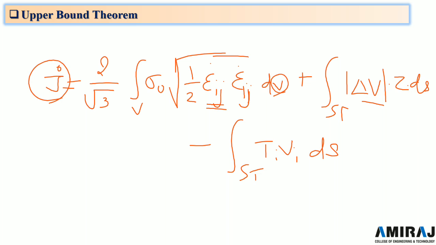It is taken that epsilon ij are only plastic strain rates, while delta v is the velocity discontinuity on the surface SL, Ti is the component of traction prescribed on the surface ST, and Vi is the component of velocity on the surface ST. The right hand side of the equation is the sum of the different components of rate of work being done.